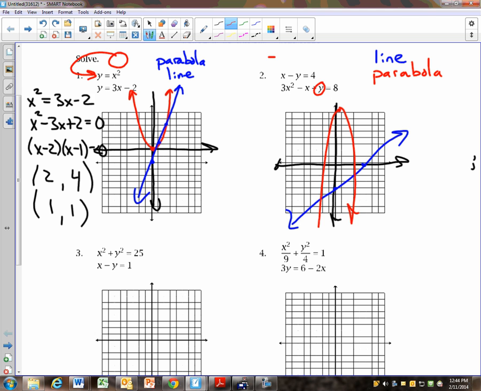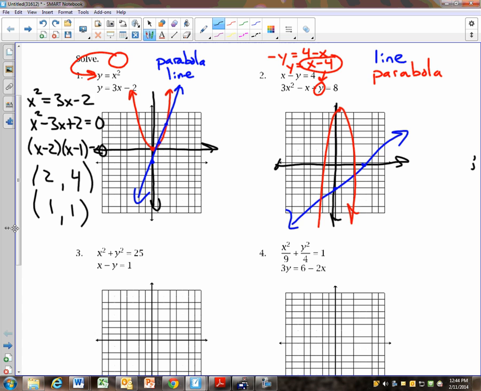And if I go negative y equals 4 minus x, and then divide by negative 1, I get y equals positive x minus 4. I could take that y value and plug it in right there. So it appears from my graph that I have 2 intersection points.